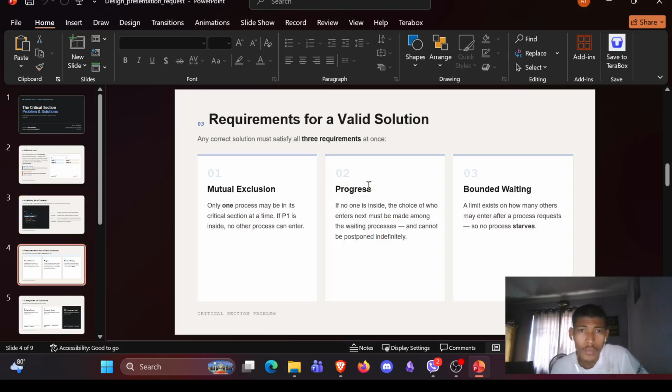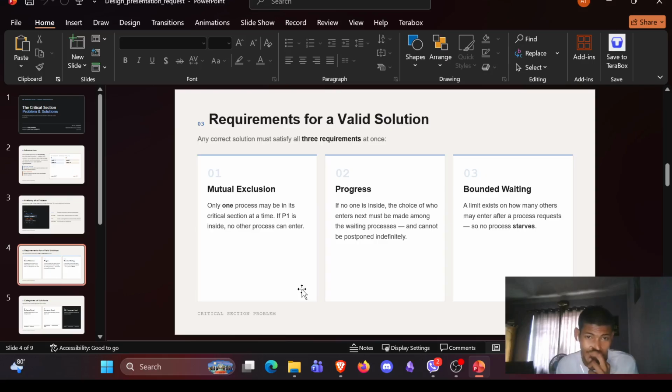Go to slide 4. Requirements for valid solutions. Any correct solution must satisfy all three requirements. First, mutual exclusion: only one process may be in its critical section at a time.